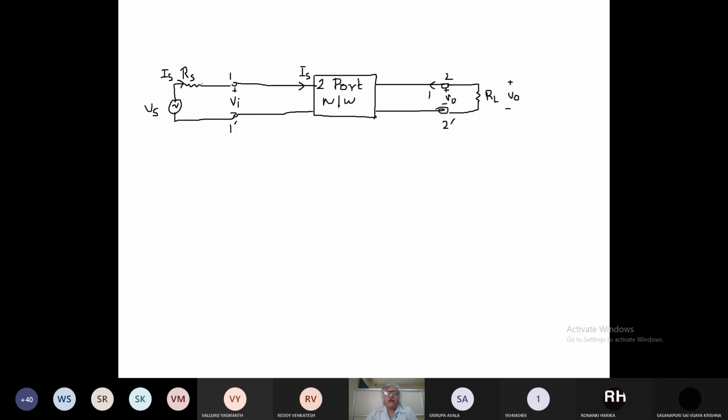Here we have the current IL, and here the impedance Z is connected. This is point B, and this is point A. Here we have current Is.